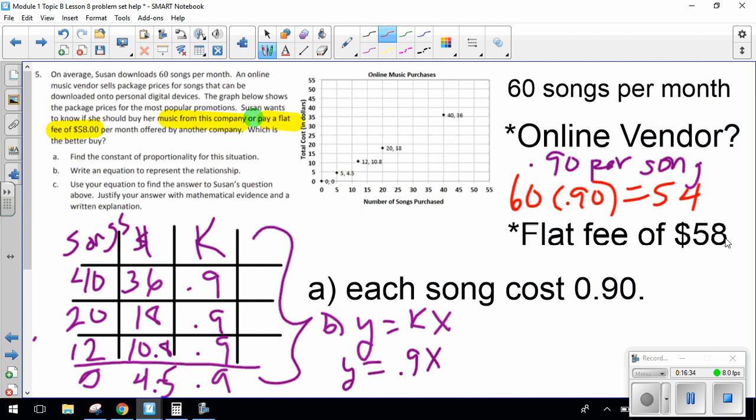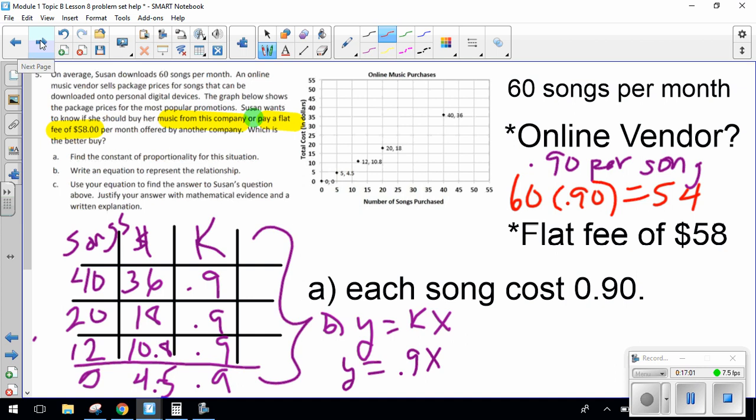If she purchased 70 or 80 songs, the flat fee would definitely be a better rate. But since Susan downloads around 60 songs or less, the online purchase of 90 cents per song is the better deal. So there is number 5 for you.